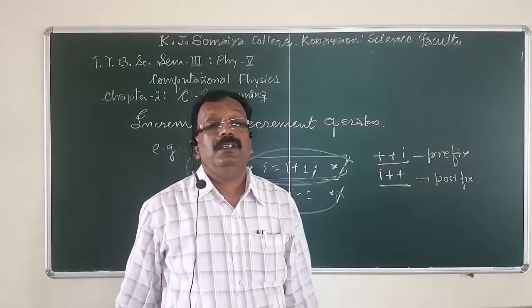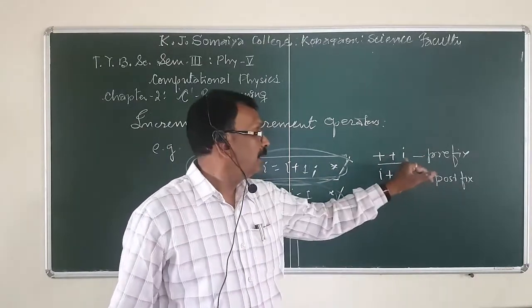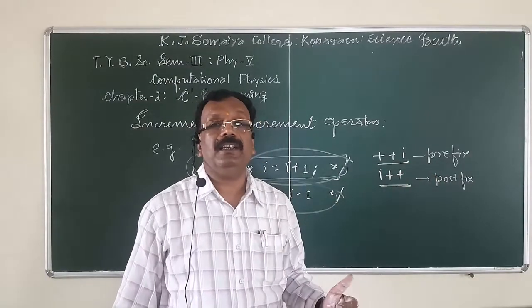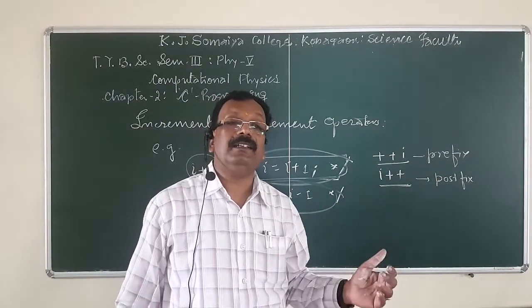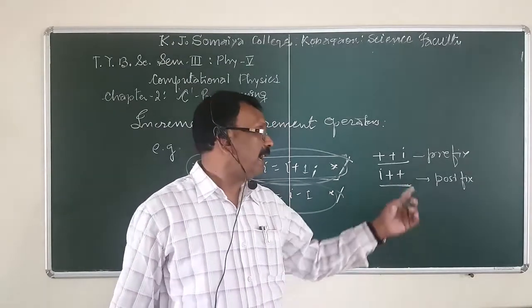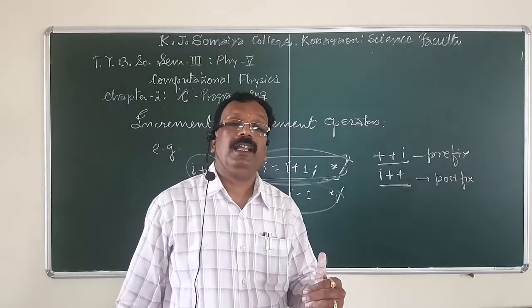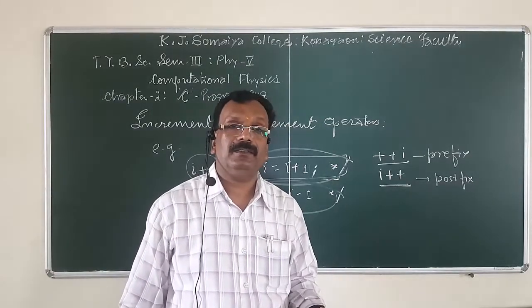In prefix notation, the value of the variable I is first incremented and then read, while in postfix notation, that is I plus plus, the value of I is read first and is then incremented.